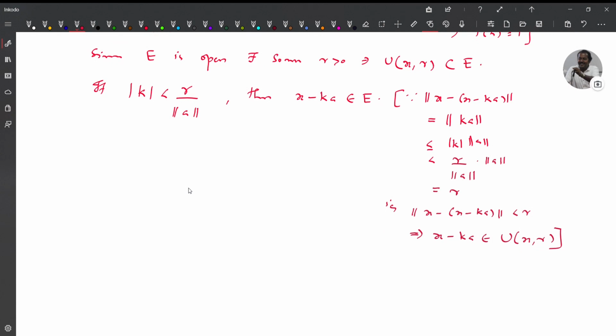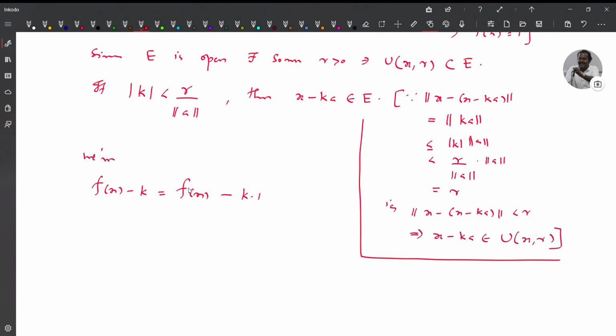So we have f of x minus ka. This is equal to f(x) minus k into 1. So this is f(x) minus k into f(a), because f(a) is 1. So this is f(x) minus f(ka) because f is linear. So this is equal to f(x) minus k.